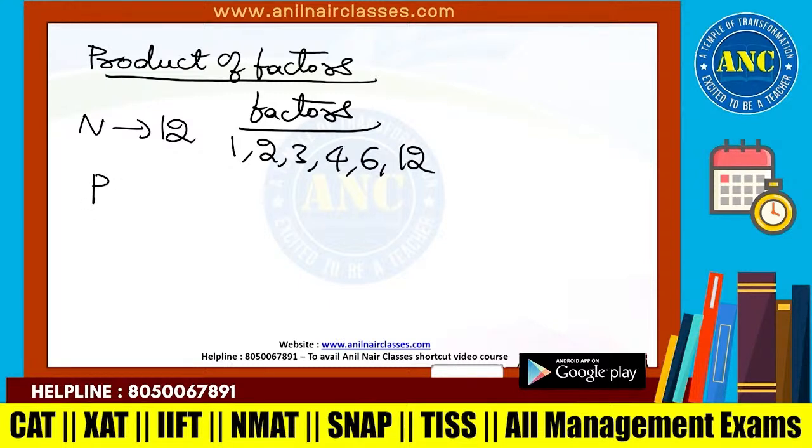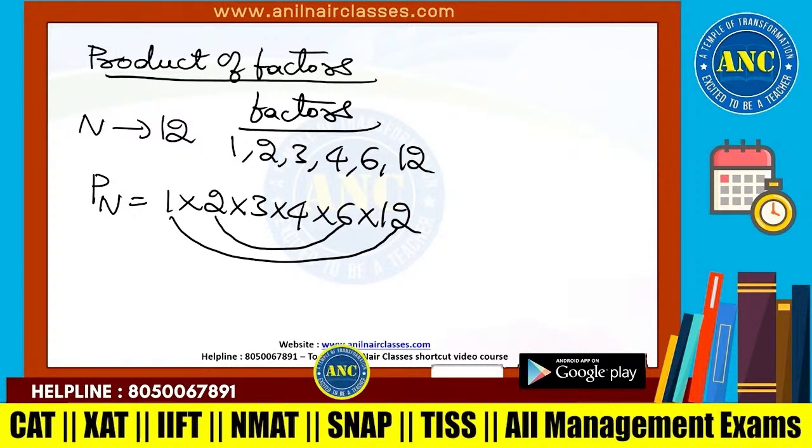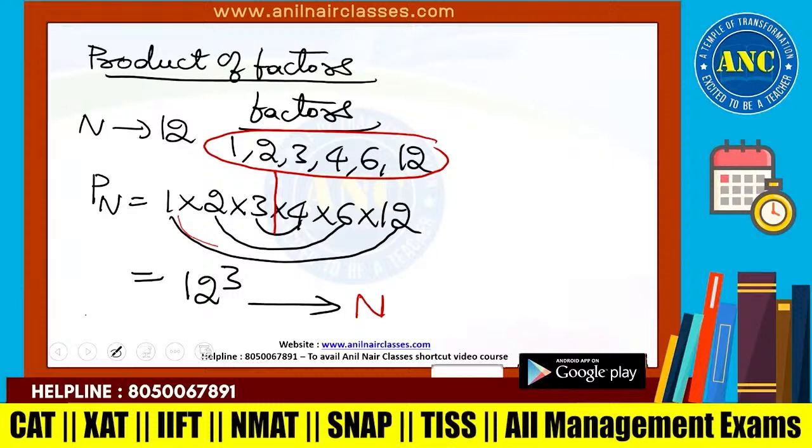So the product of the factors is 1 into 2 into 3 into 4 into 6 into 12. 1 into 12 is 12. 2 into 6 is 12. 3 into 4 is 12. So this is nothing but 12 power 3. Am I right? First and last has given me 12.